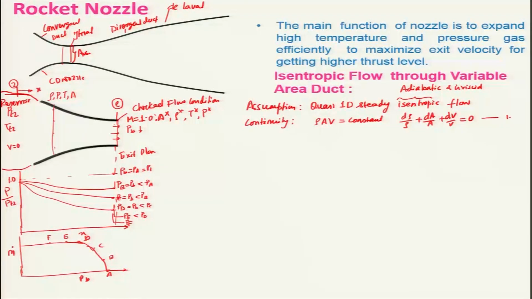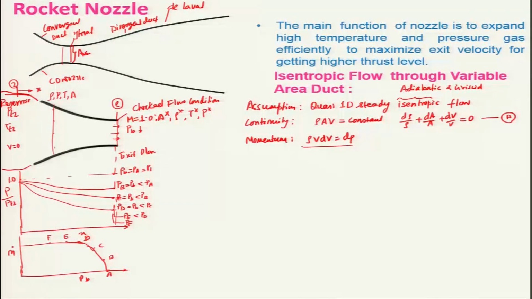Let us say this is your equation A, and we will now look at, for one dimensional isentropic flow, the momentum conservation equation, which is basically rho V dV is equal to dP.